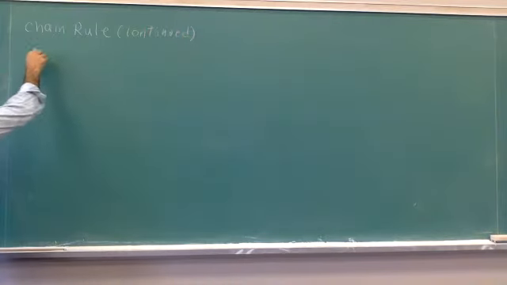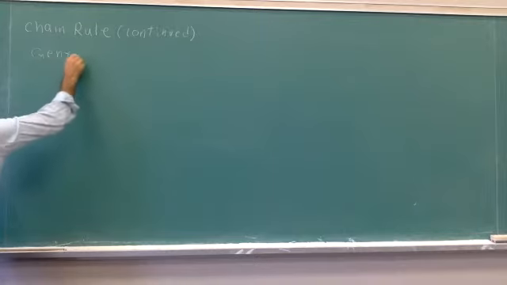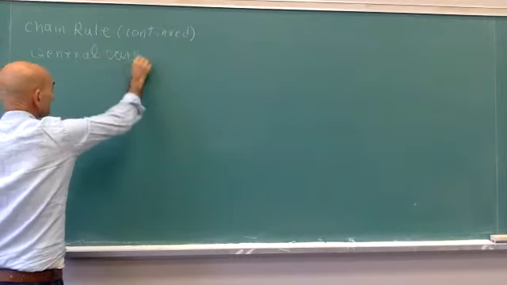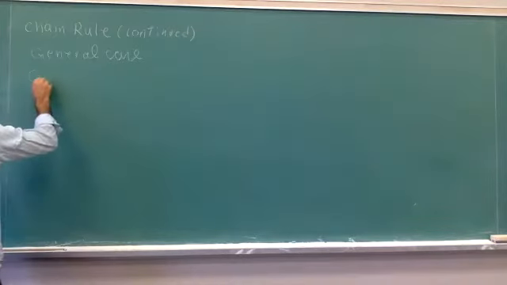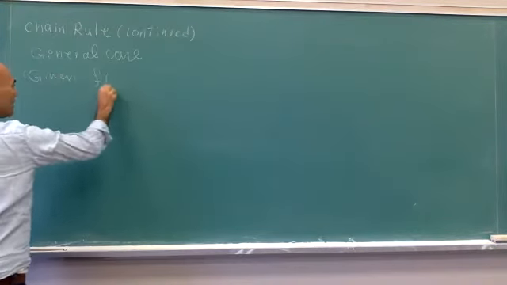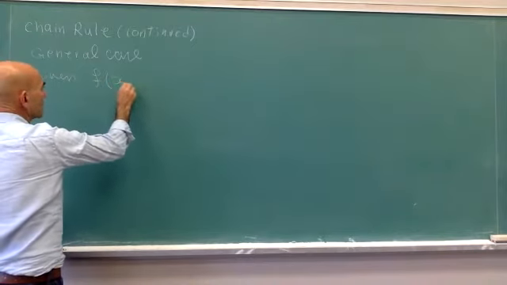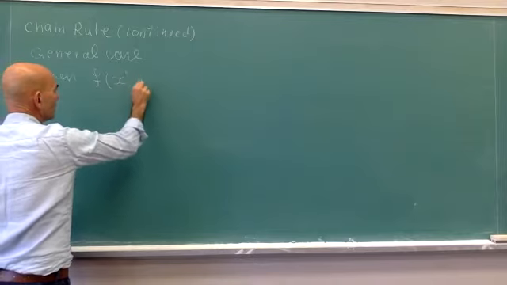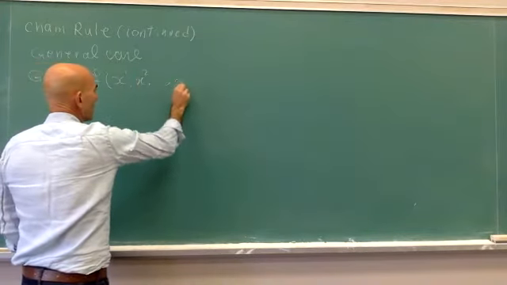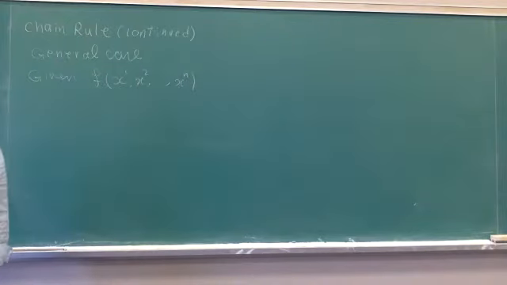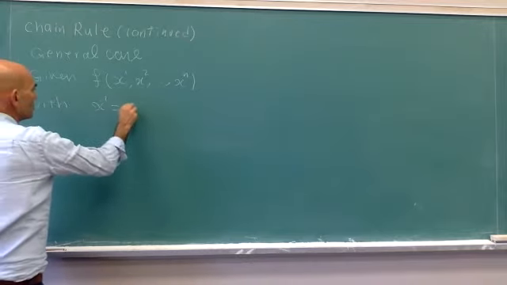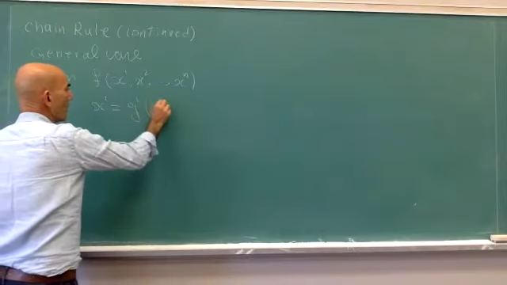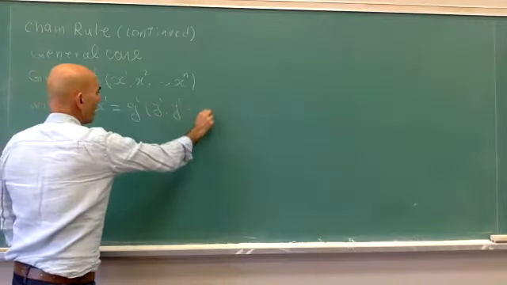So now this is more or less the general case. The general case is we have a function of several variables, f of say x1, x2, xn, a function of n variables, and each of those variables is a function of m variables, with xi equal to gi of y1, y2, ym, right?